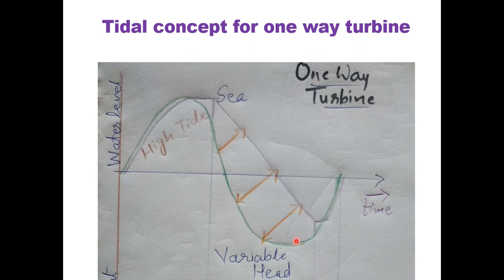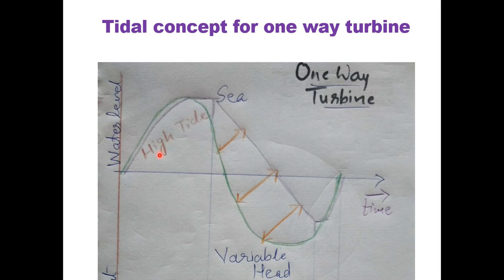Now if we talk about the high tide and low tide, a single cycle of the tide is a time span of 12 hours and 25 minutes. That is for a single high and low tide combination.